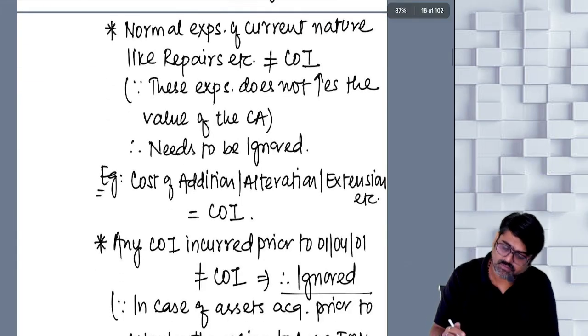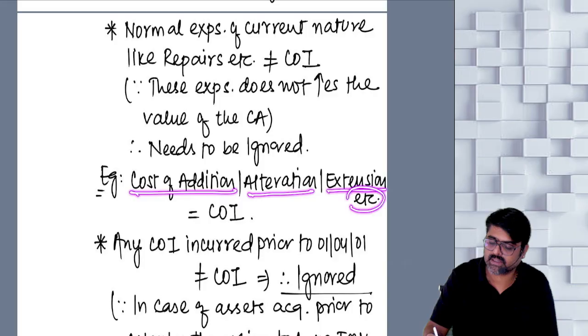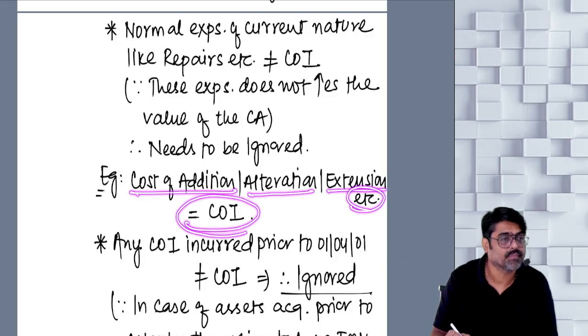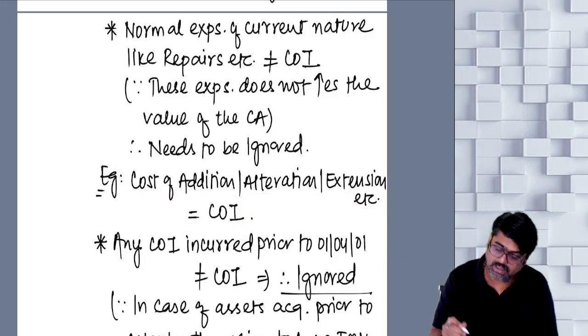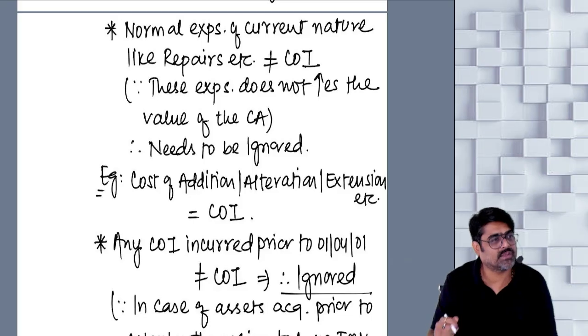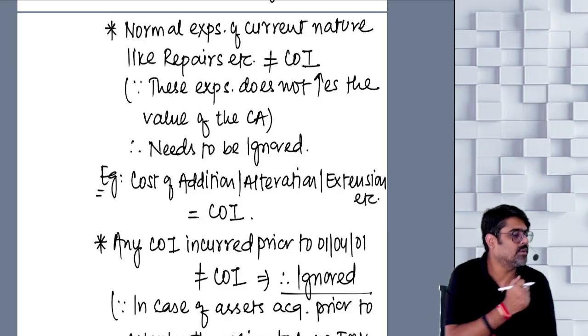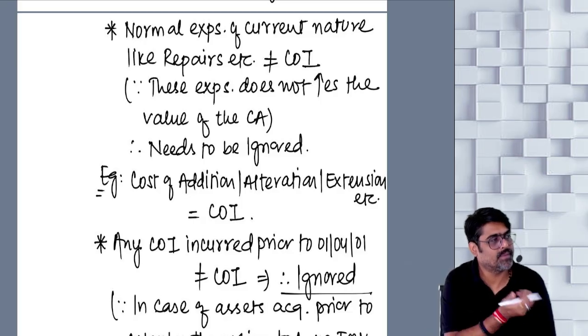So any cost like cost of addition, cost of alteration, cost of extension, etc., is known as what? Cost of improvement. Any cost you incur on regular repairs, etc., which does not increase the value, is not your cost of improvement. For example, 2-3 tiles were broken and I got them repaired.